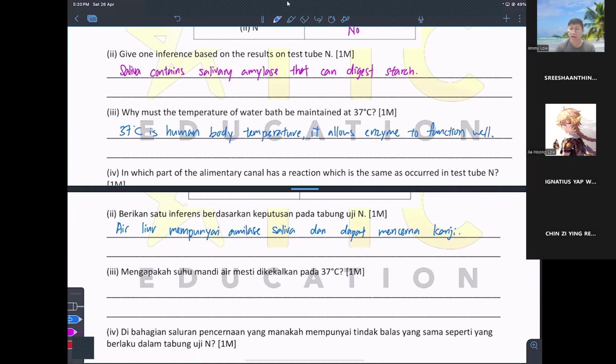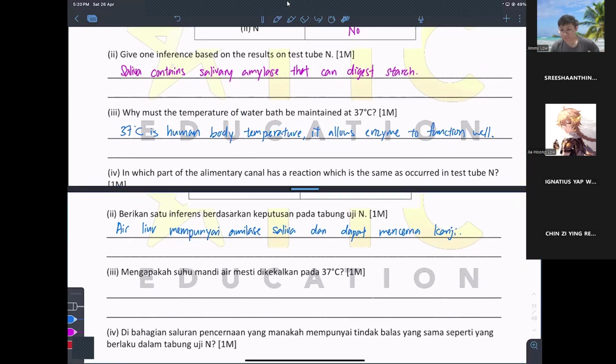In BM, ia membolehkan enzim bekerja dengan cekap also can. Just mention the body temperature and then it allows the enzyme to function well. Conversely, if the temperature doesn't remain at 37, maybe 38 or 35, the enzyme is not working and your result will be different.